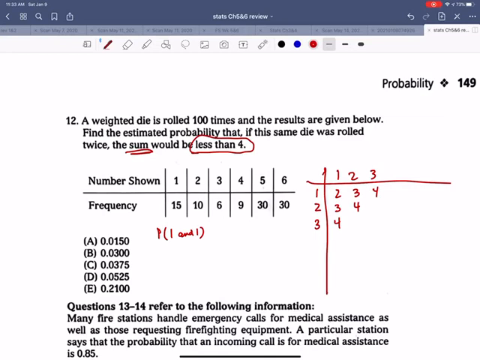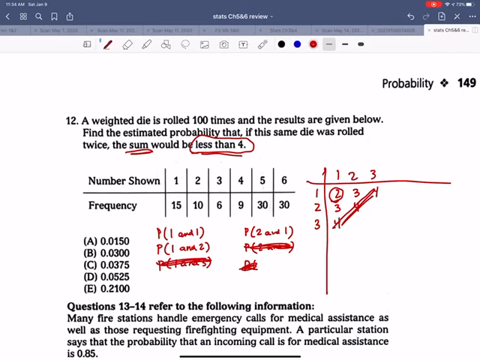I'd have to add that, and the probability of a 1 and a 2, and a 1 and a 3, with 1 meaning the first roll, and also a probability of a 2 and a 1. That's 2 on the first, 1 on the second, and a 2 and a 2. And then don't forget, oh, but it said less than 4. So even fewer here, right? I'm just looking for these 3.